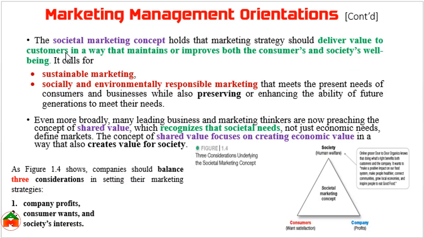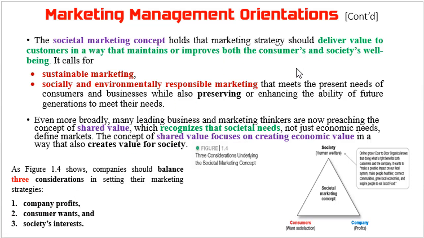The fifth concept, and one of the best concepts under the marketing management orientation, is the societal marketing concept. Under this societal marketing concept, we believe that marketing strategy should deliver value to customers in a way that maintains or improves both the consumers' and the society's well-being.